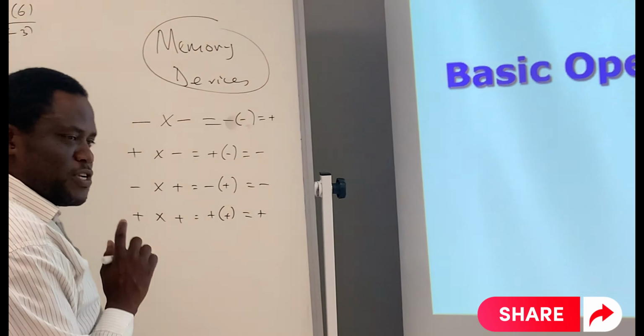Now, minus 3 plus 6. Minus is negative, 6 is positive. Think this way: anything positive is the money you have with you, your own money. Negative is like the money you are owing somebody.